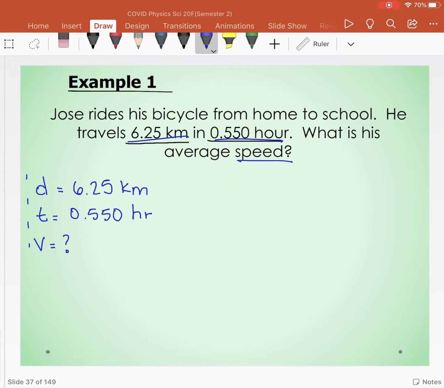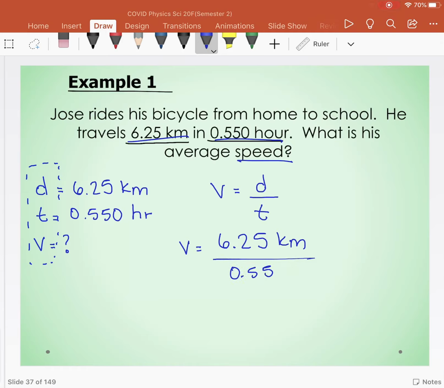So now, based on these three variables that I have involved, I can figure out that my formula is V equals D over T. Okay, very important first step. Now I substitute in my numbers, and I calculate.